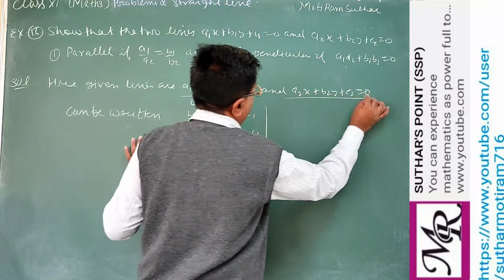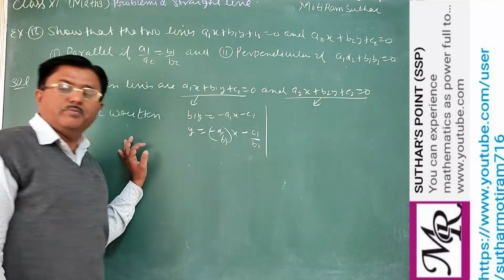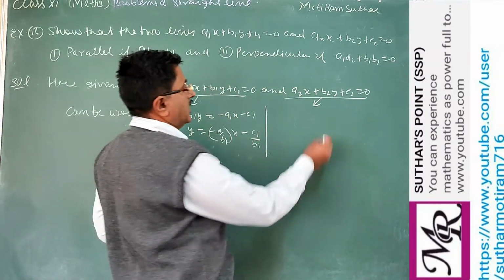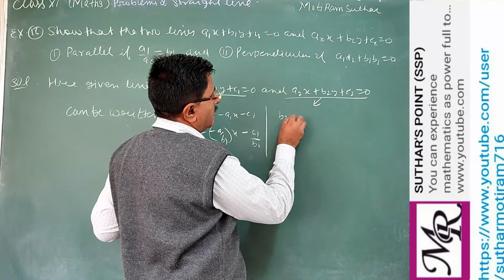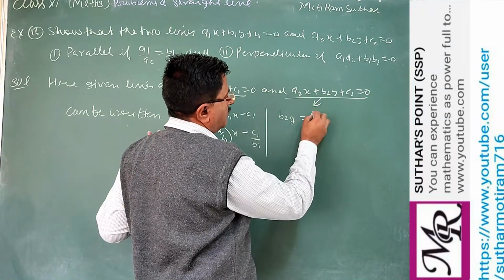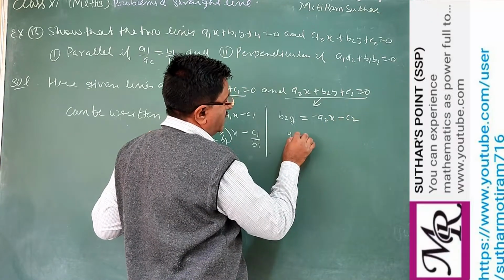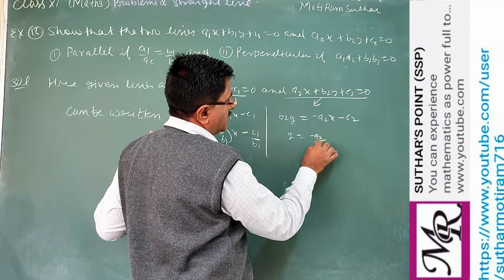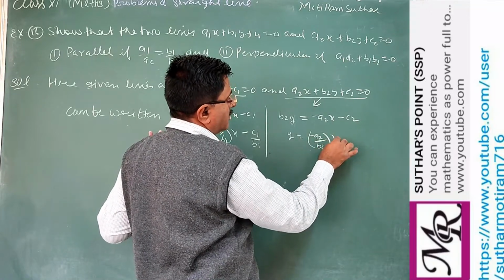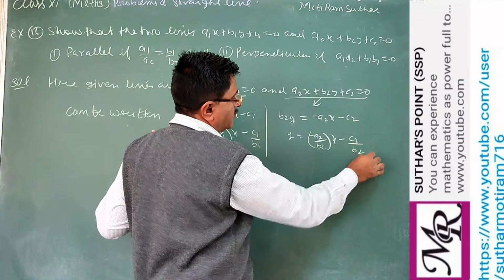And the second line we can also write in slope intercept form. This can be written as b2y = -a2x - c2, so y = -(a2/b2)x - c2/b2.